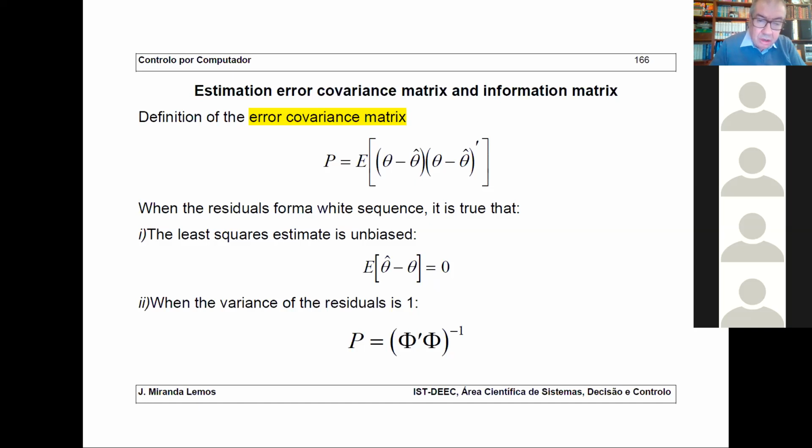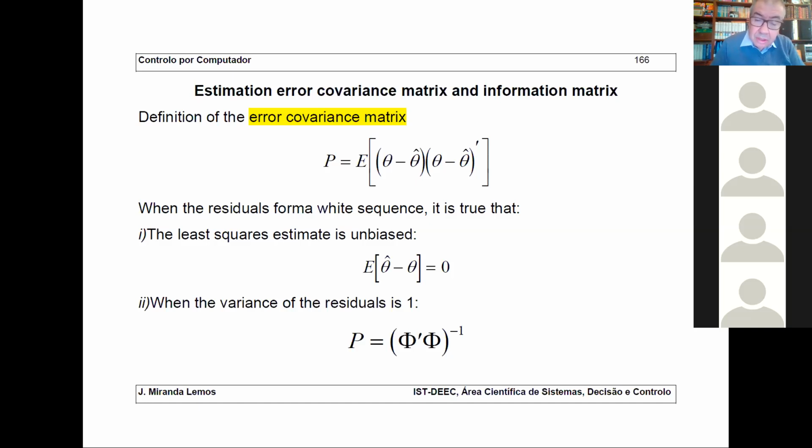When you have Gaussian noise, the noise follows a Gaussian sequence. Of course, you can have large deviations, but the probability is very small. Instead, with outliers, the probability of appearing is very high. When we speak about whiteness, it's a completely different thing.